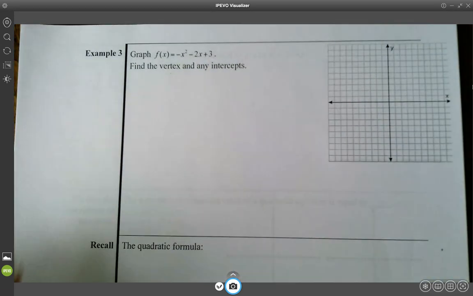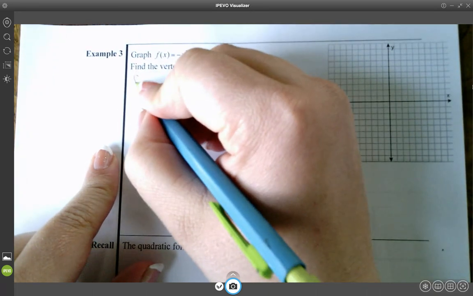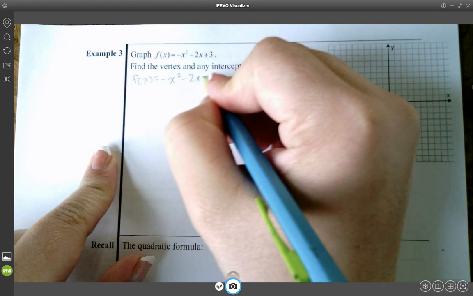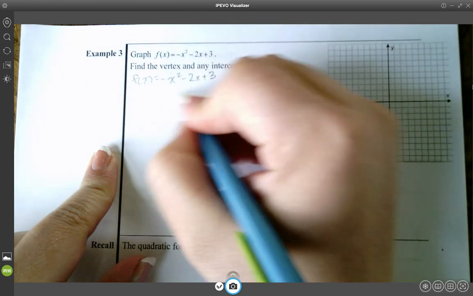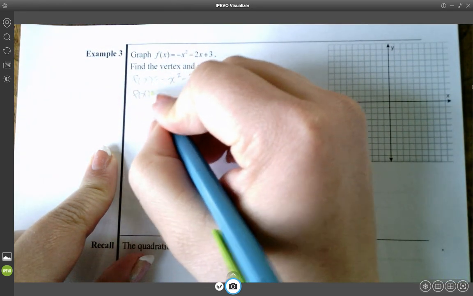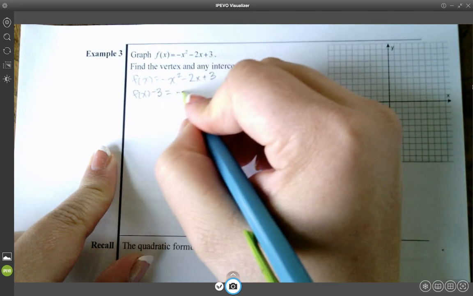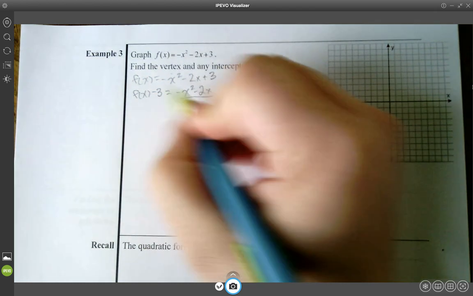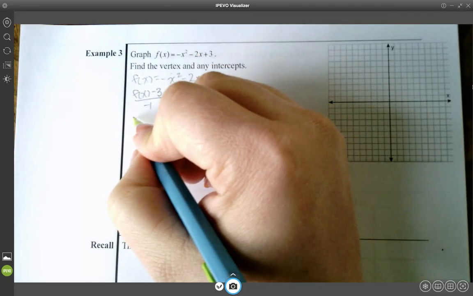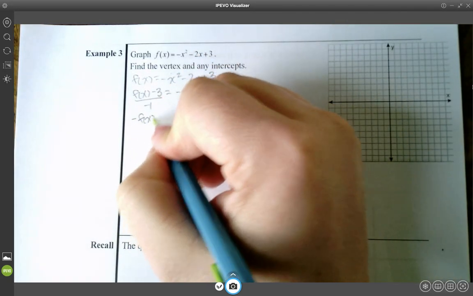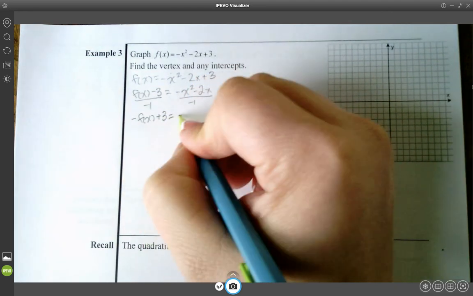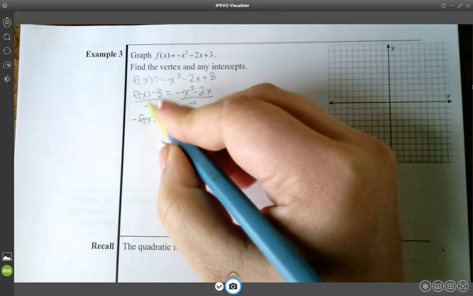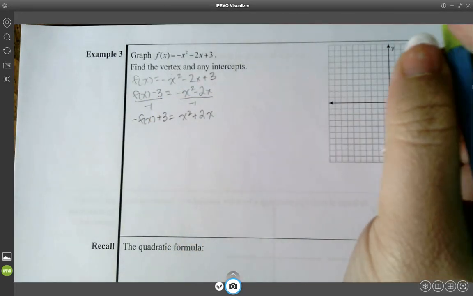And so we take the function in standard form, f(x) equals negative x squared minus 2x plus 3. Subtract 3: f(x) minus 3 equals negative x squared minus 2x. Divide by negative 1. So now we have negative f(x) plus 3 equals x squared plus 2x, because dividing by negative 1 changes all of the symbols.